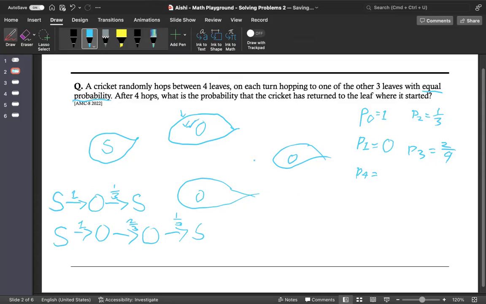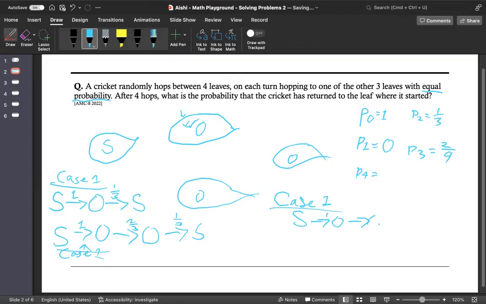So here's our case 1 for 3 hops. Now for 4 hops, another case 1 for 4 hops this time. From S to O, 1.